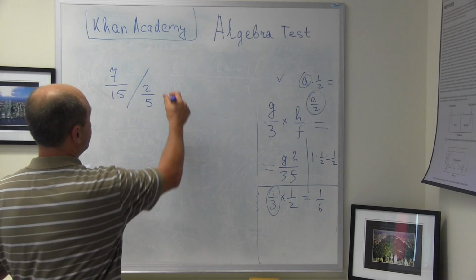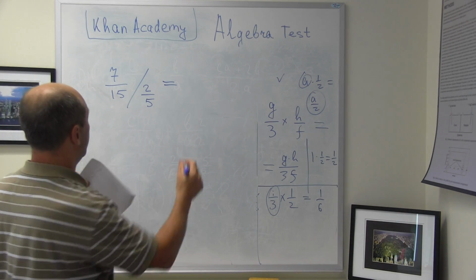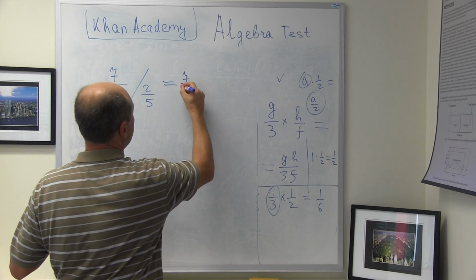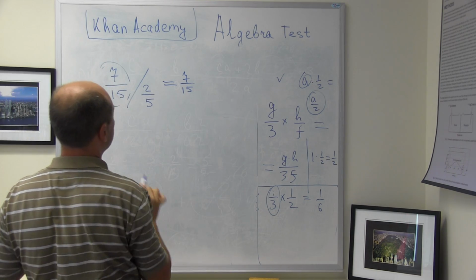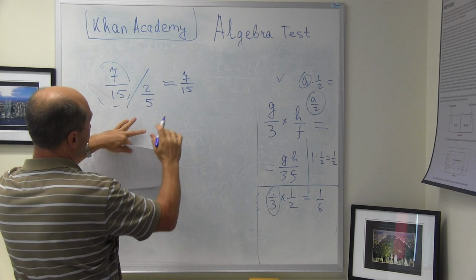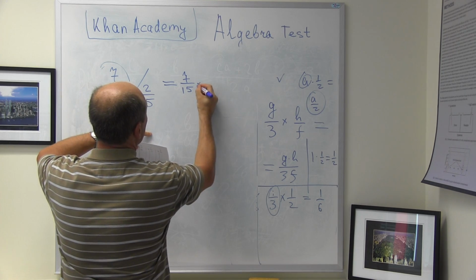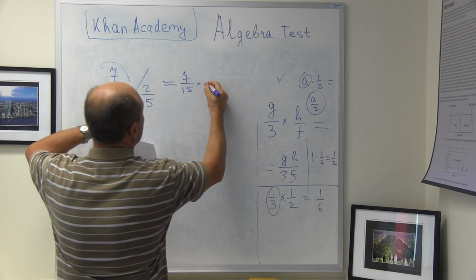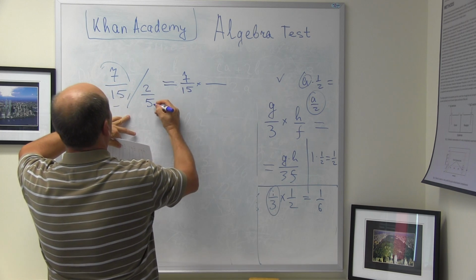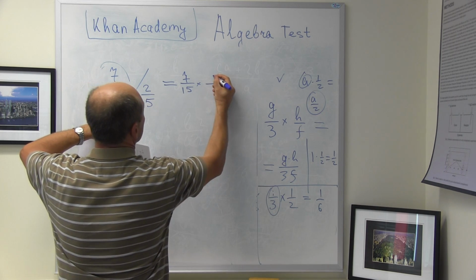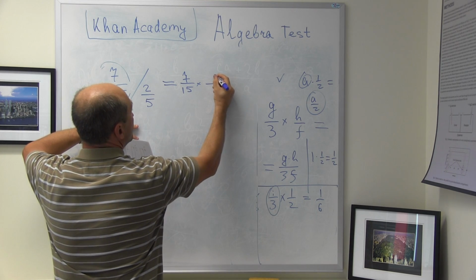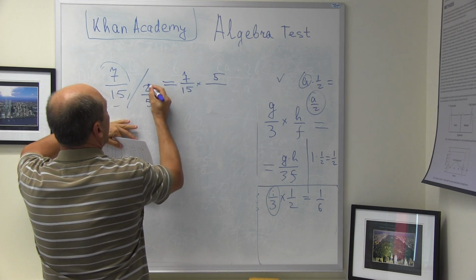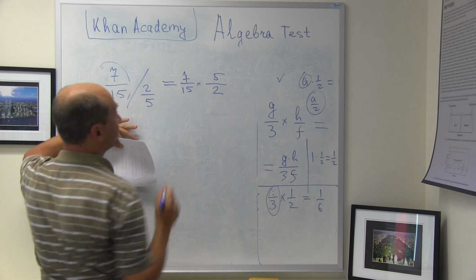How do we proceed? The rule is that you leave the first fraction unchanged, whatever stays here to be divided, and then multiply, and here you swap: the numerator goes to the denominator, the denominator on the bottom goes to the numerator, and this stays here.